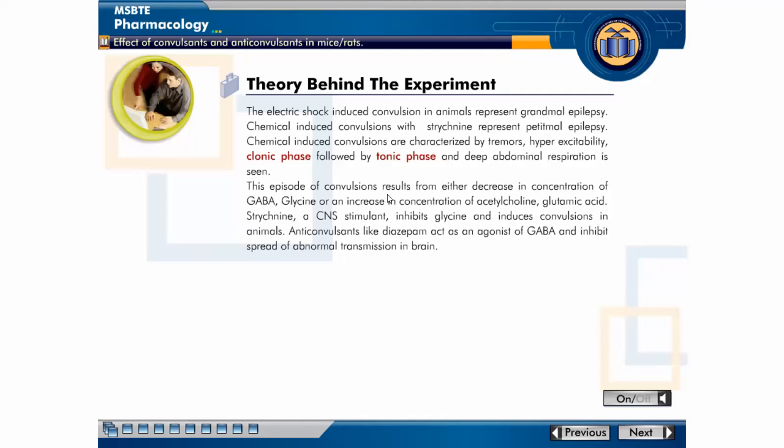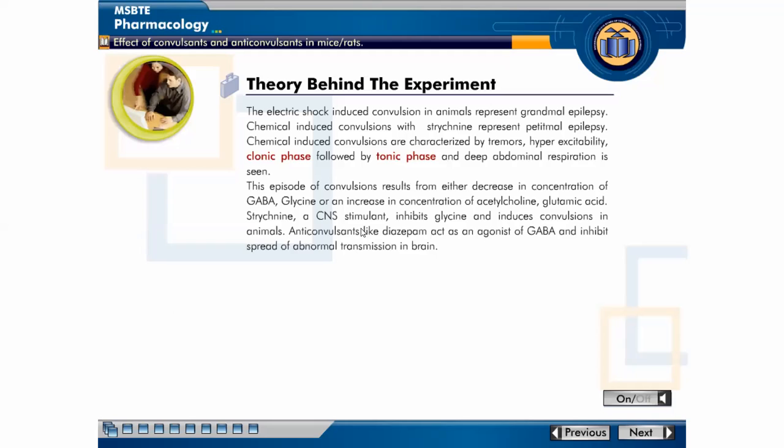This episode of seizures or convulsion results from a decrease in the concentration of GABA, gamma aminobutyric acid, and also glycine, and an increase in the concentration of acetylcholine and glutamic acid. When convulsions are produced in any individual, two changes occur: a decrease in the concentration of GABA and glycine, while an increase in the concentration of acetylcholine and glutamic acid.